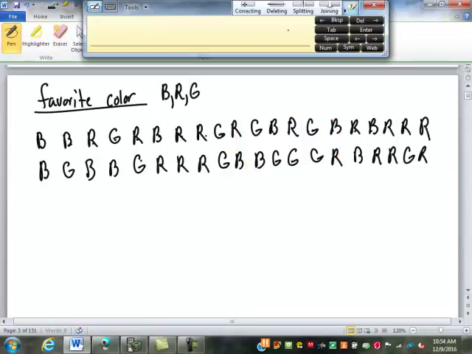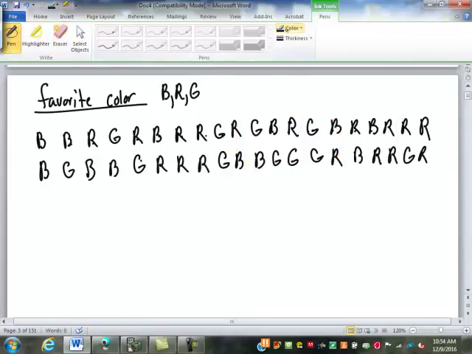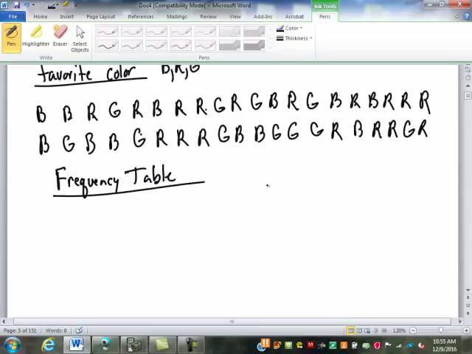So one of the ways that we can make this easier is to organize it into a table. And it is called a frequency table. For categorical data like this, it's really simple.